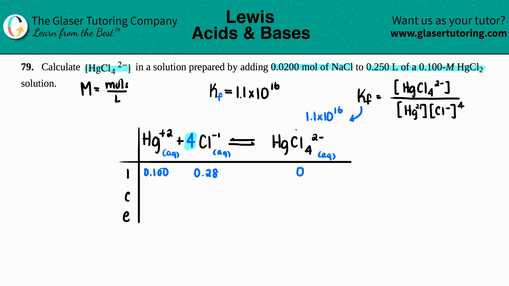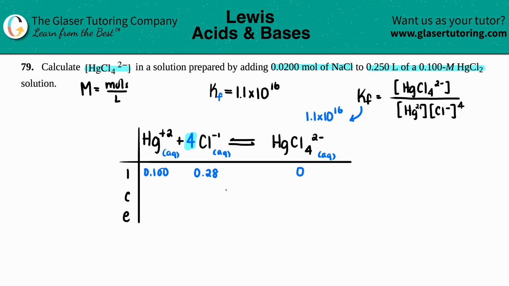But usually when we solve, x values are generally small. So if we run through this ICE chart and we just say that this is plus x like we normally do, and we label x as the complex ion, we're going to come out with an x value that is really, really, really small. But in theory, we should have a lot, because Kf is times 10 to the 16th. So we have to do a little bit differently here.